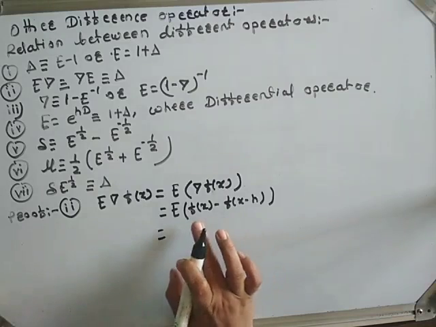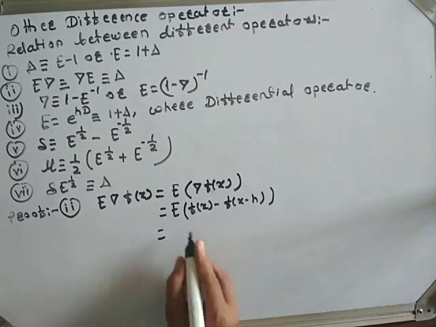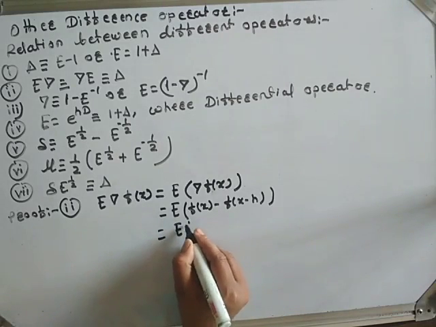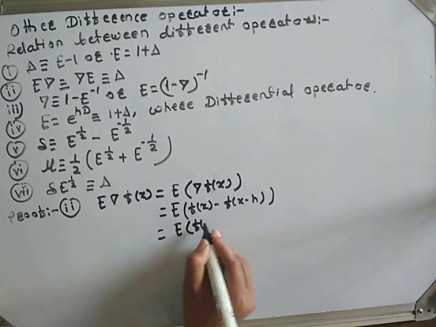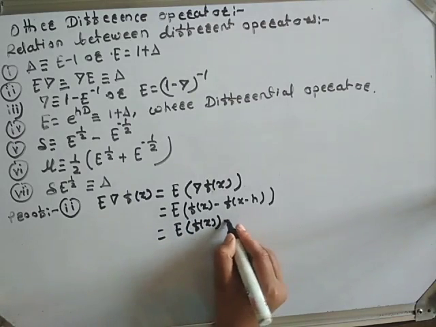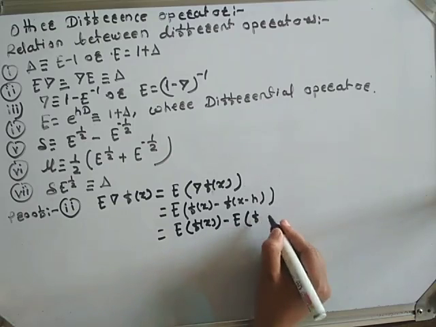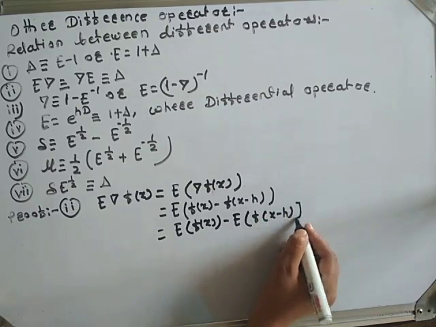Operate E on f of x and f of x minus h. We get E of f of x minus E of f of x minus h.